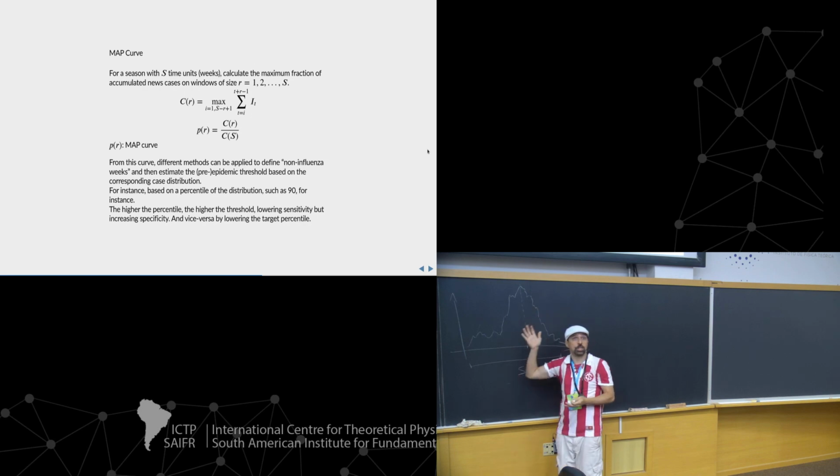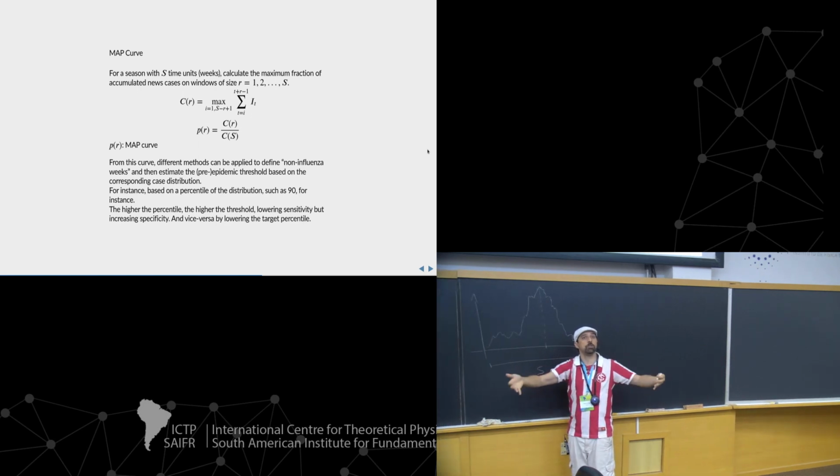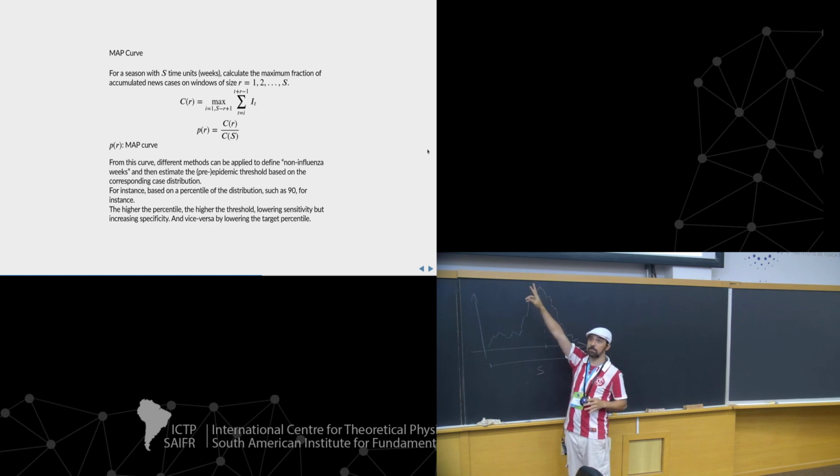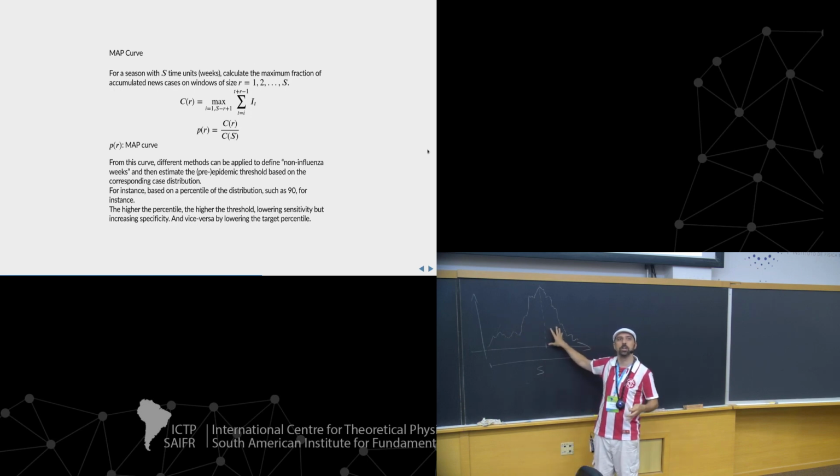Because it's the percentage of observed accumulated cases with respect to the total cases over the season. So the actual value of the map curve at 1 might vary depending on the shape of the curve itself for each season. But when it happens, there's no other way around. It must be at the peak of that season, at every given season.